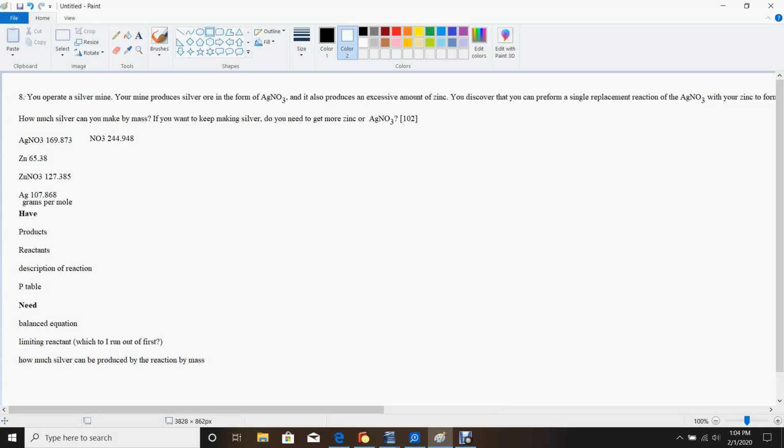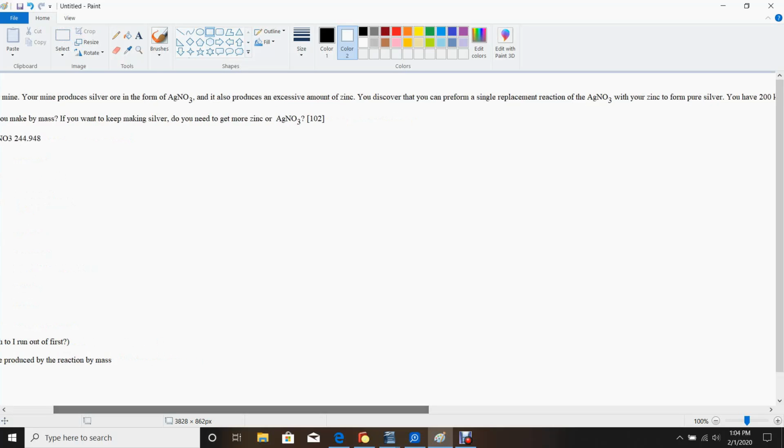Let's start by talking about what we have. And I have some of it written down already. We have our products and we have our reactants. A reaction is being described. What kind of reaction? Well, carefully read the problem. Mine the problem for clues. I gave you a few big ones in this problem. One of them is I straight up told you what kind of reaction you're looking for.